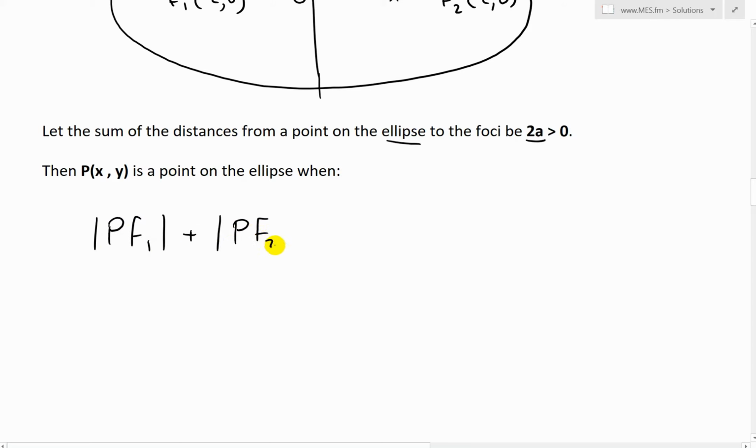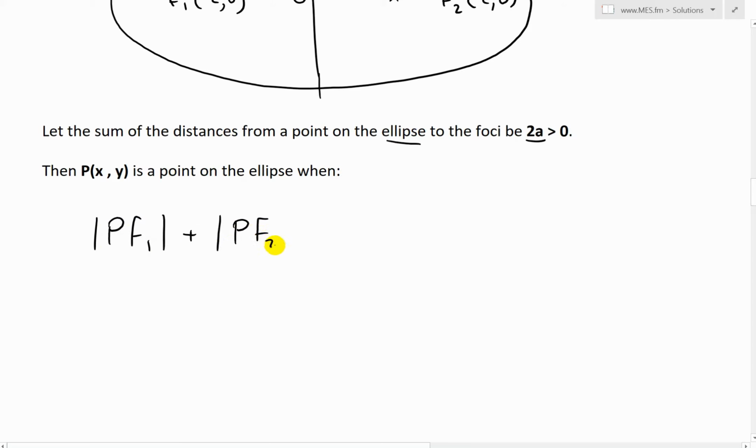And then here, if we apply Pythagoras, we get this distance: we have a triangle where the height is y, and the side here is x plus c. So now we have P f1 as the square root of x plus c squared plus y squared. Now we have to add this triangle's length here, again using Pythagoras.